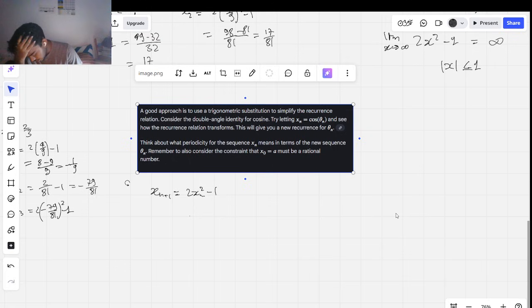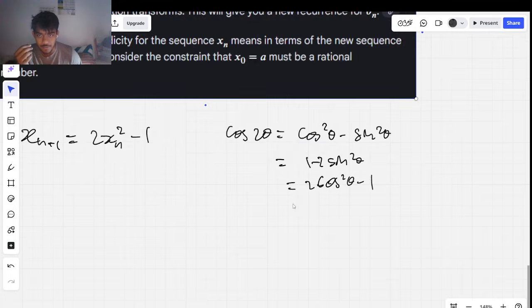The double angle identity for cosine, there are actually a bunch. It's cos squared theta minus sine squared theta, or 1 minus 2 sine squared theta, or 2 cos squared theta minus 1. So these are all the ones I can remember right now.